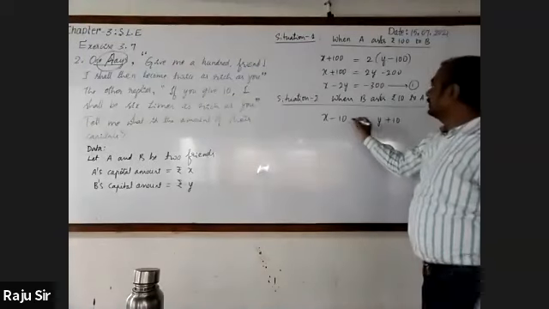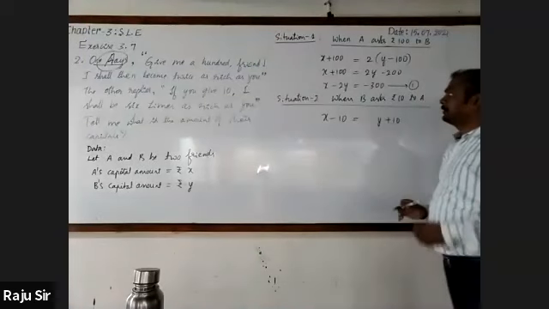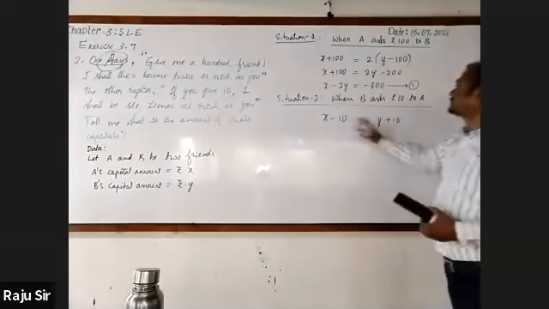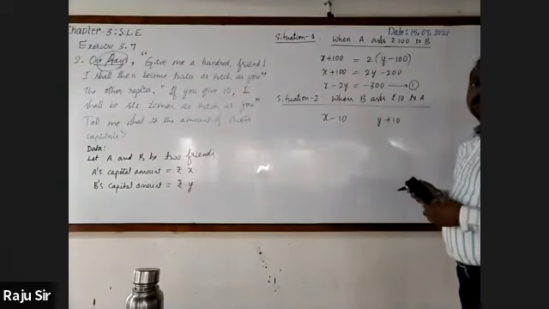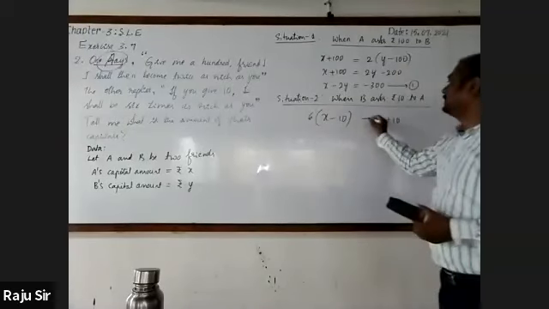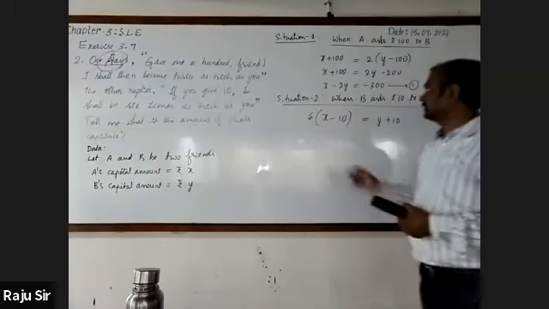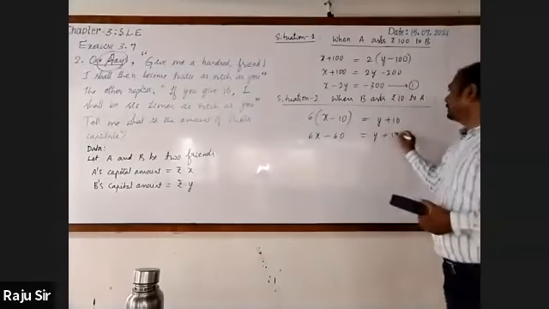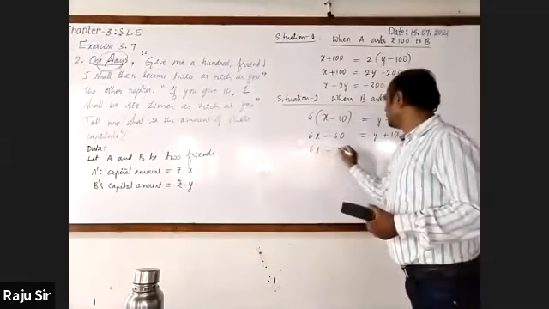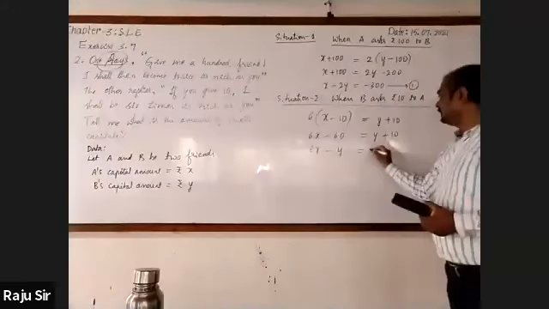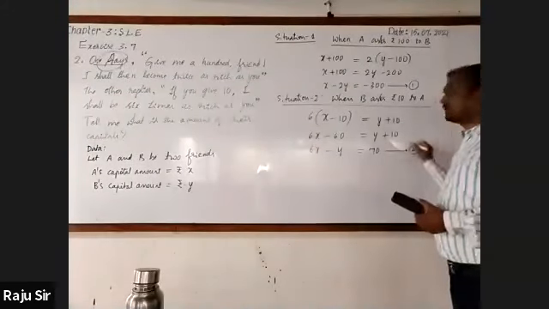B will become 6 times as rich as A. We can write Y plus 10 is equal to 6 into X minus 10. Then this is Y plus 10 equal to 6x minus 60, so 6x minus Y is equal to 70. Have you got the same?